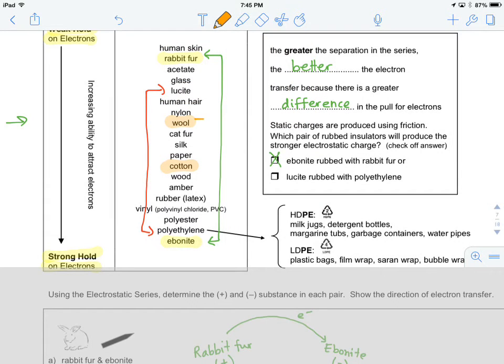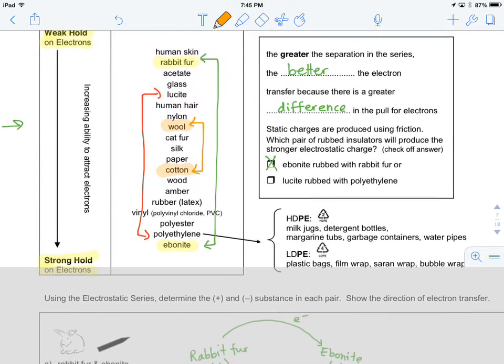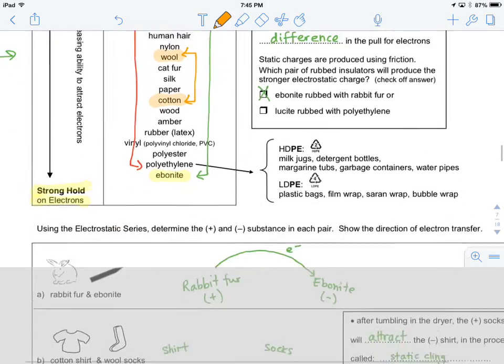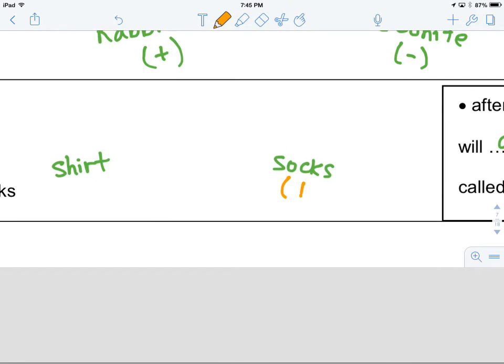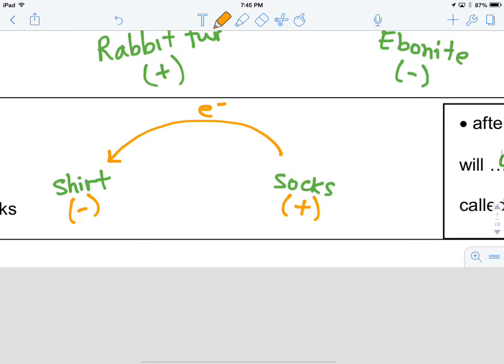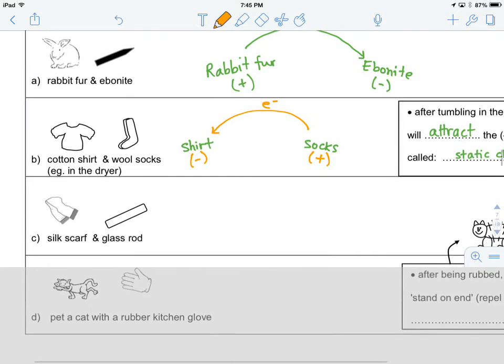And of course, cotton and wool don't have as much of a separation, but it's enough that we do get cling. And so wool is closer to the top. So we'll notice that those wool socks then will pick up the positive, and the cotton t-shirt picks up the negative, and we show the direction of electron transfer. Electrons go from the socks to the shirt.